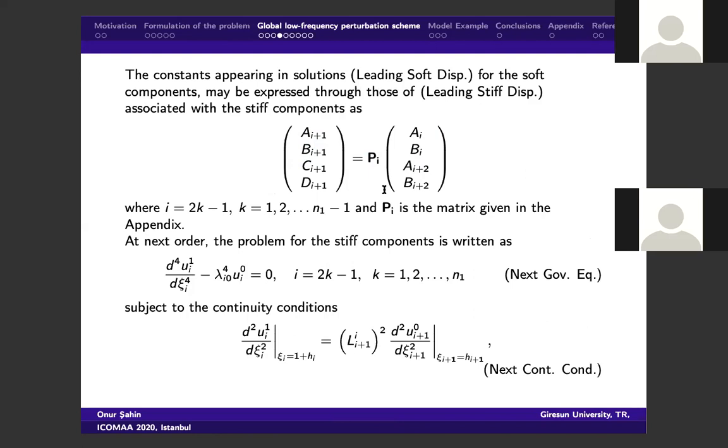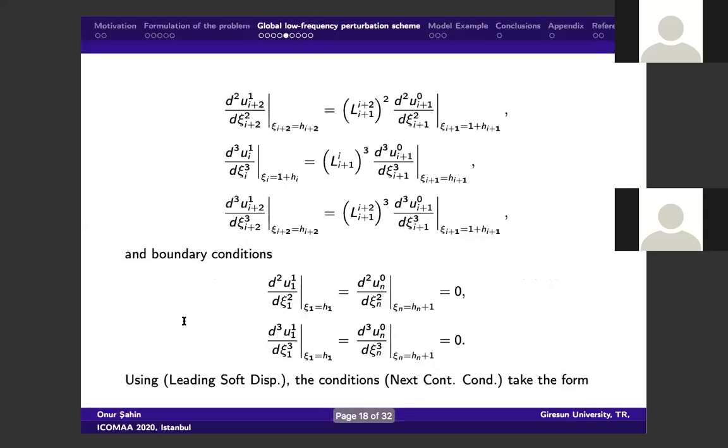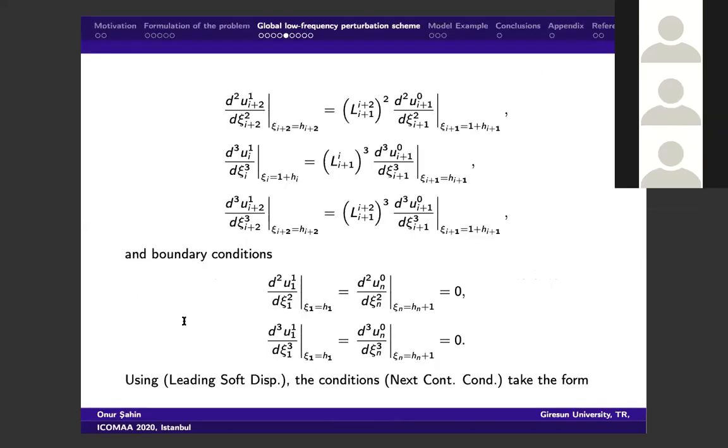We now proceed to the next order problem. Similar to the leading order problem, the next order problem for the stiff component is given by, again, a fourth order equation with the continuity and boundary conditions.